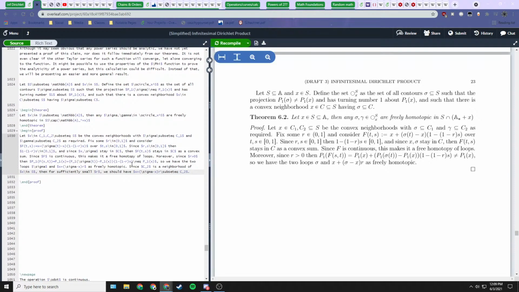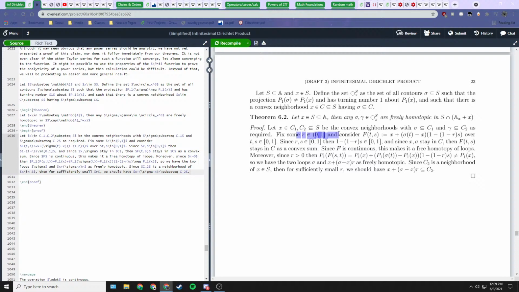So essentially, we've constructed this homotopy from sigma down to these contractions. Since C2 is a neighborhood of X in S, we've said C1 and C2 are convex neighborhoods with these subset conditions. So these are required by this condition.